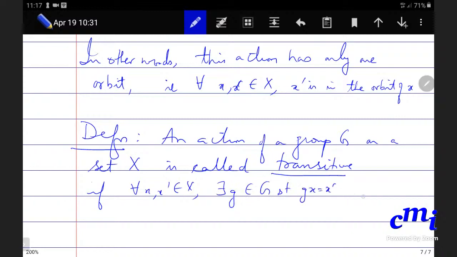Or equivalently, there is exactly one orbit.